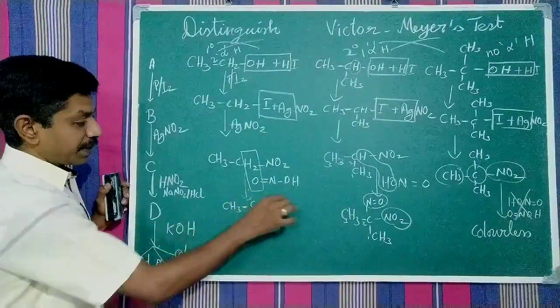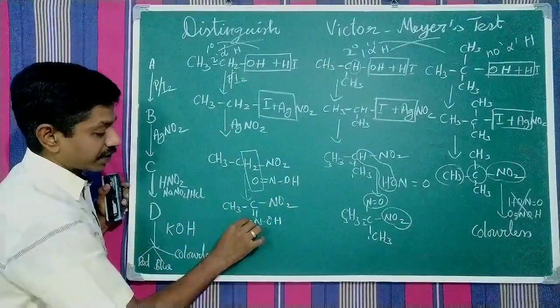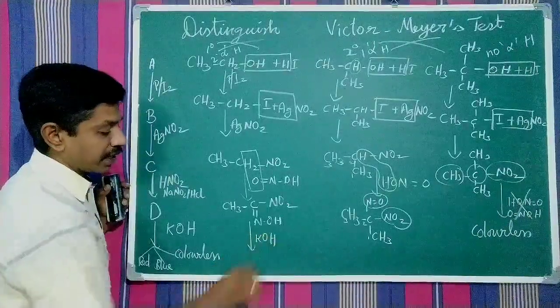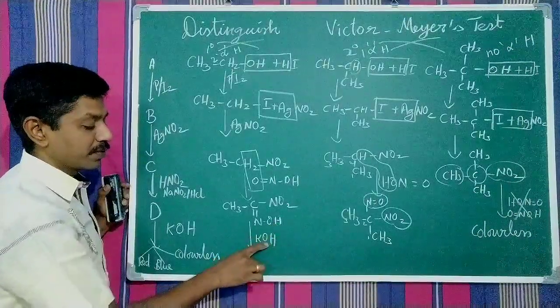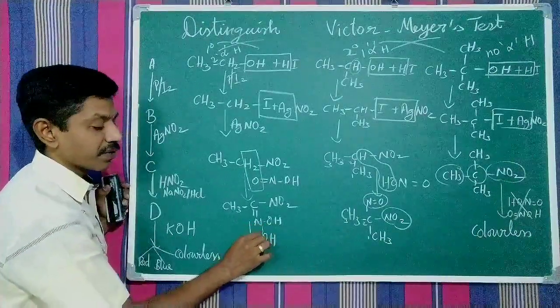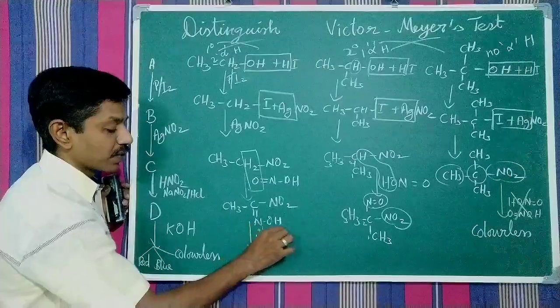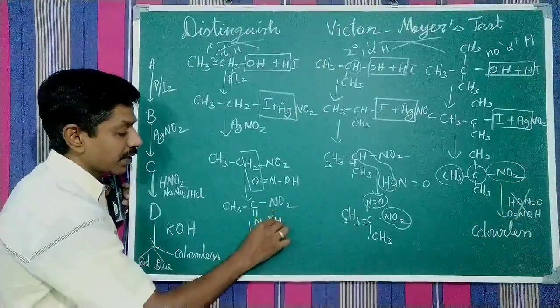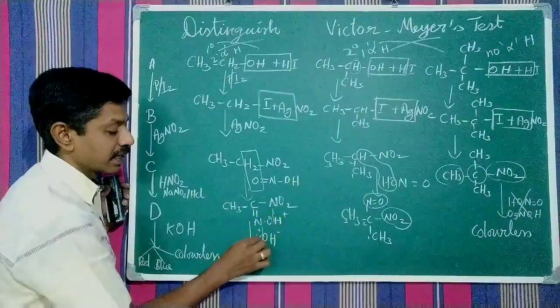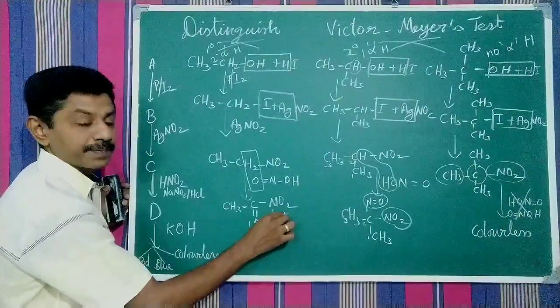Whereas these will go for the next step of formation. To the primary I am adding KOH, potassium hydroxide, and there is a nitrolic acid group, which is the acidic group. What happens is there is a breaking of bond, K plus OH minus. In the place of this H plus, K plus will get added.